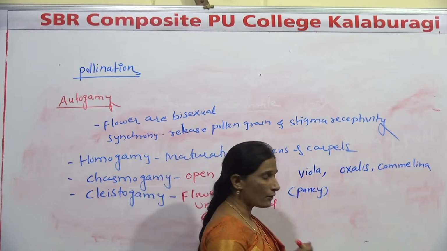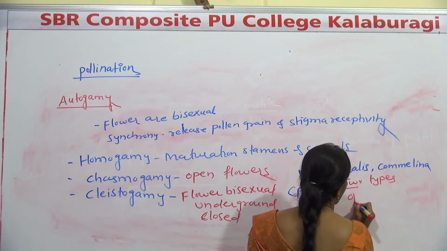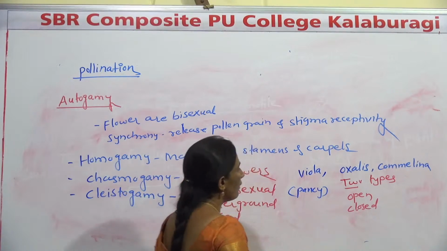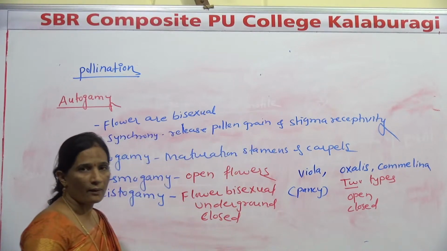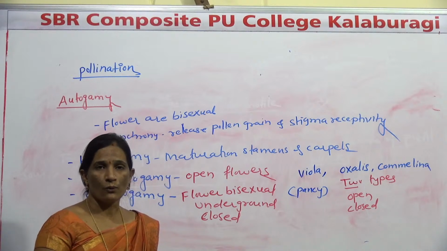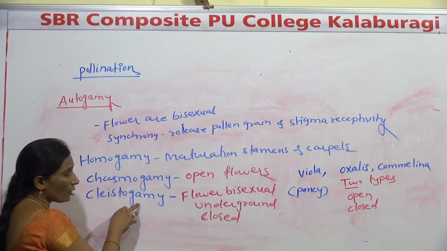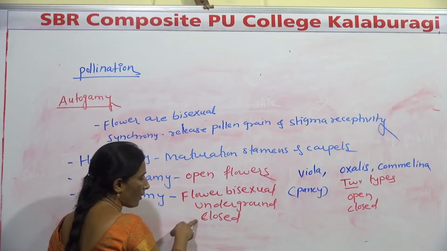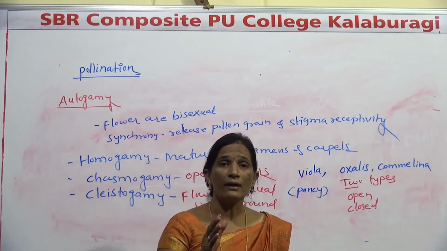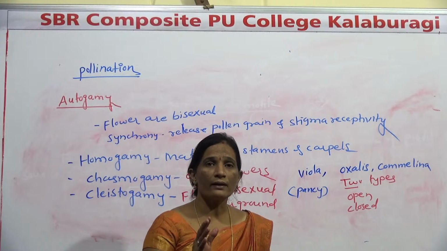So in these plants, how many types of flowers are there? Two types, open and closed flowers. In members like Viola, Oxalis and Commelina, the plant produces two kinds of flowers, open flowers and closed flowers. Cleistogamy means flowers are bisexual, underground and closed. Cleistogamous flowers are invariably autogamous.